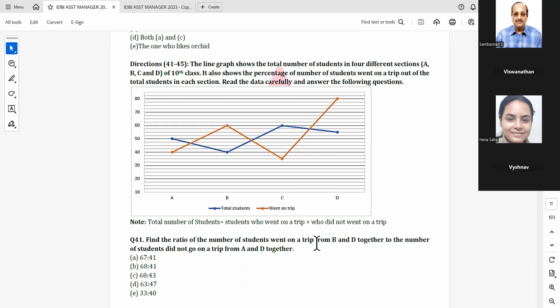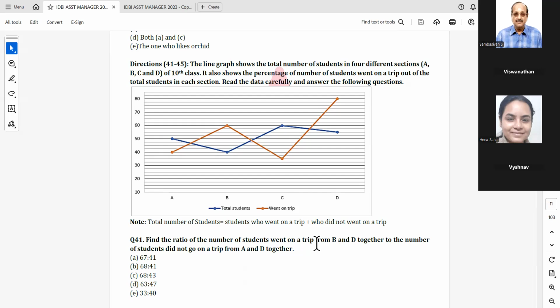Then D. D's total number of students is how many? 55, out of which 80% went. So 80% of 50.